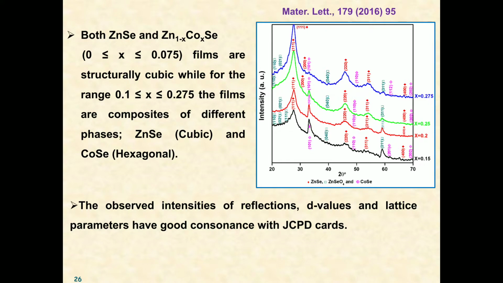So in the XRD study, we have observed two phases and two structures: the first is the cubic structure and the second is the hexagonal structure.